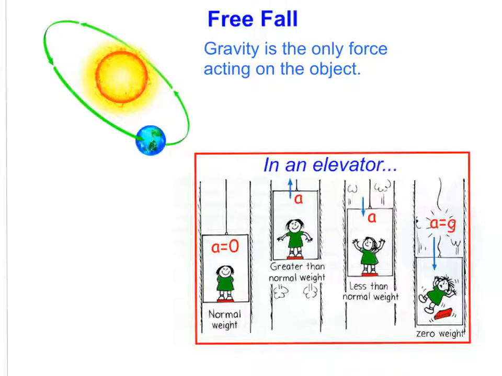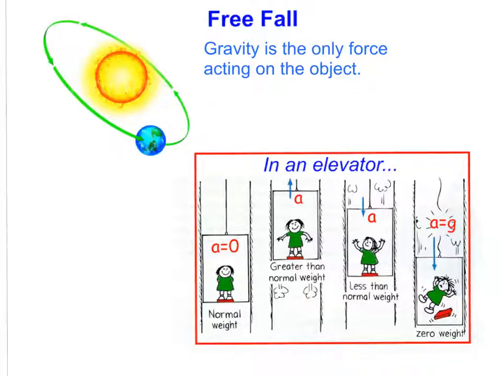But if we have an acceleration going up, this elevator is going up, experiencing acceleration in the upward direction. That's opposite of gravity. If she were standing on a scale, that scale would show that she was having a greater than normal weight.